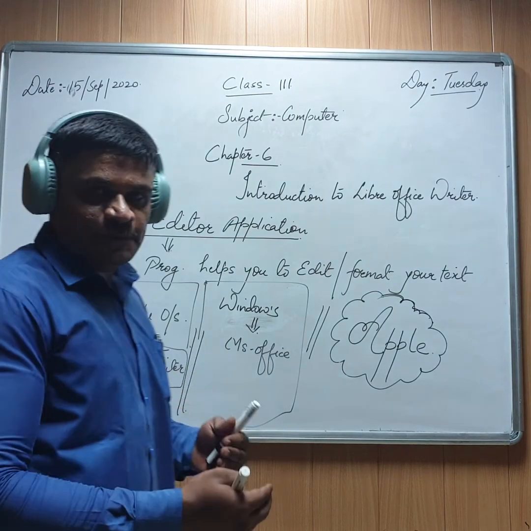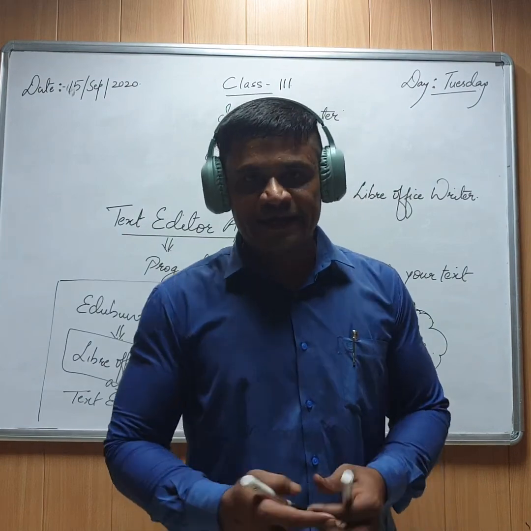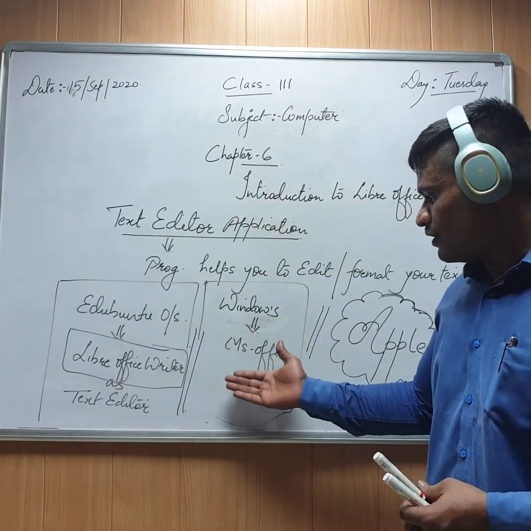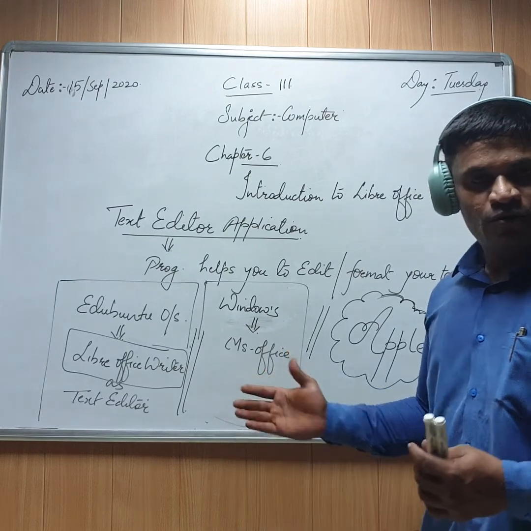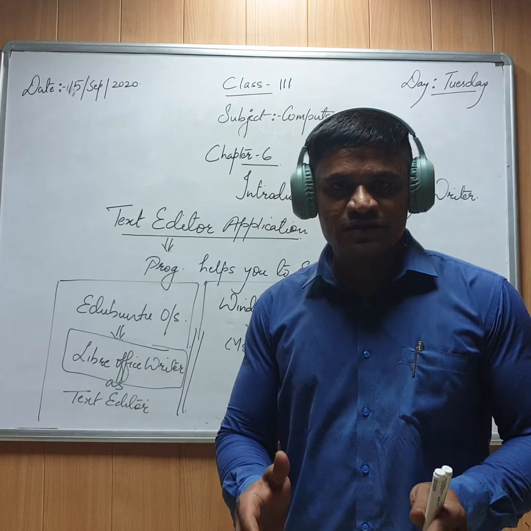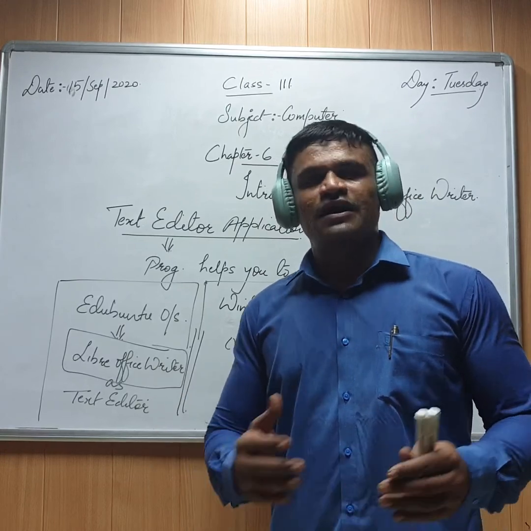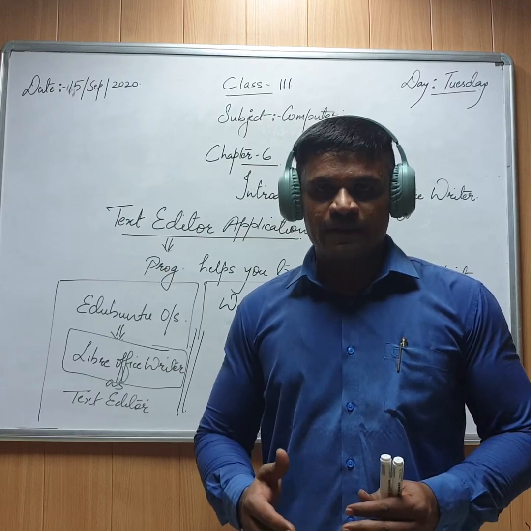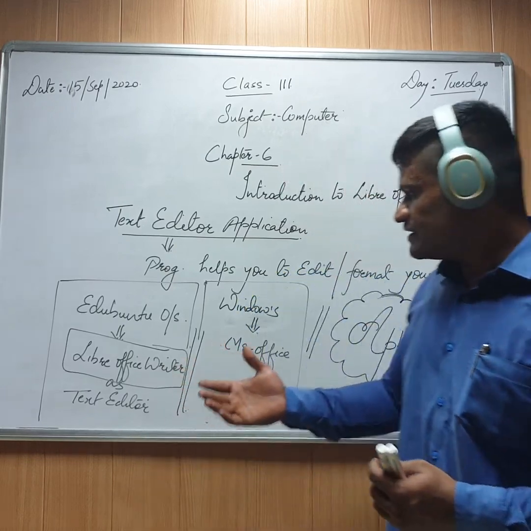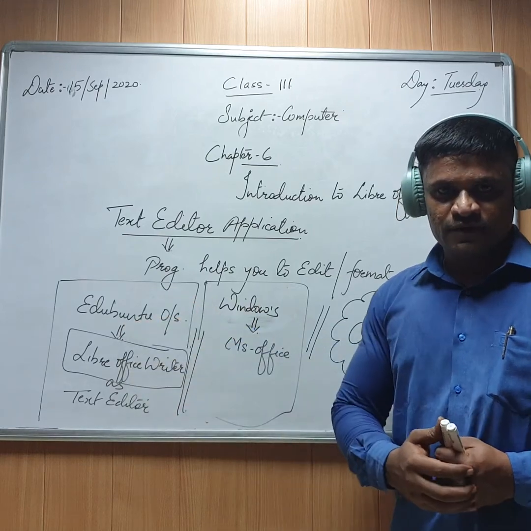For the practical explanation of those topics, we will be using MS Office. Don't worry about it. The concept, the tools and the window screen which appears are almost the same. The difference is only on the basis of your operating systems.